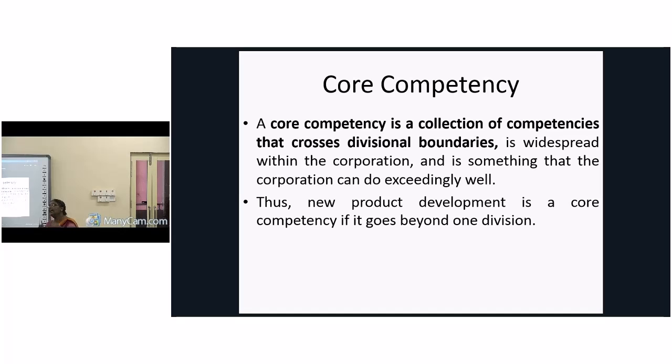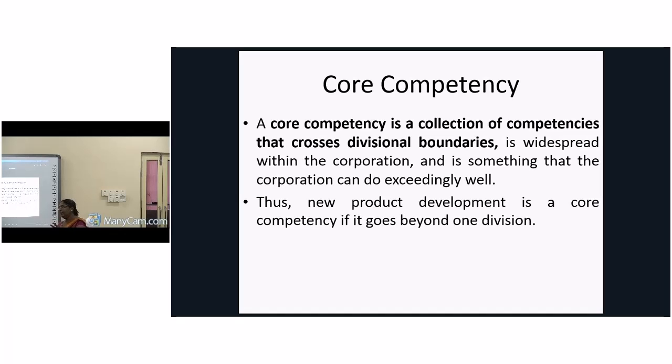Competency and core competency. Understood? Competency generally is integrating capabilities together. If a competency goes beyond different divisions, for example, take the whole organization together.